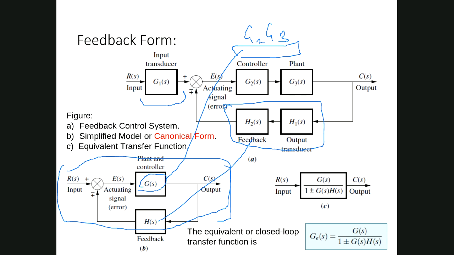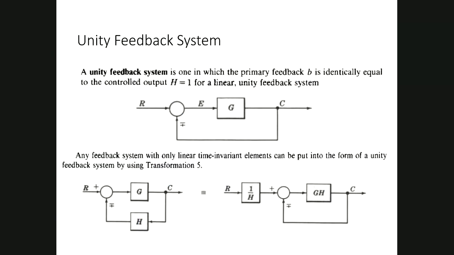If the feedback is negative, it is plus; if it is positive, then it is minus. So the equivalent transfer function is G over 1 plus GH. There is a special situation where the feedback H is 1. It is called a unity feedback system.